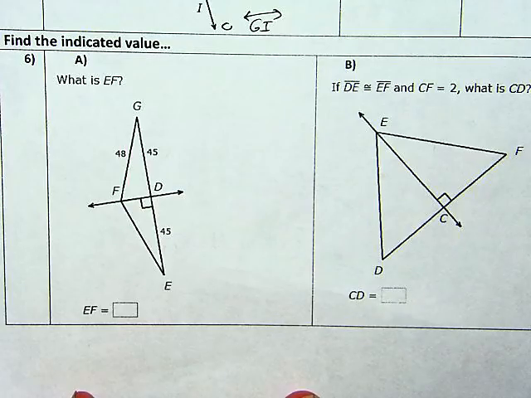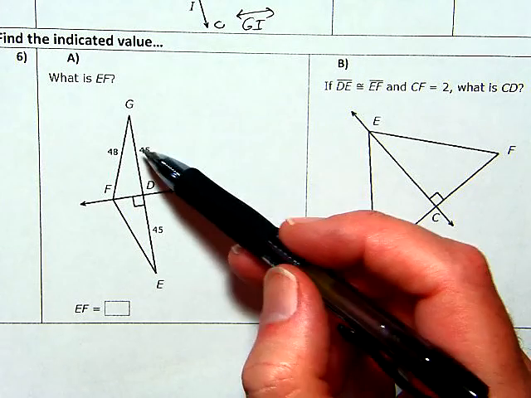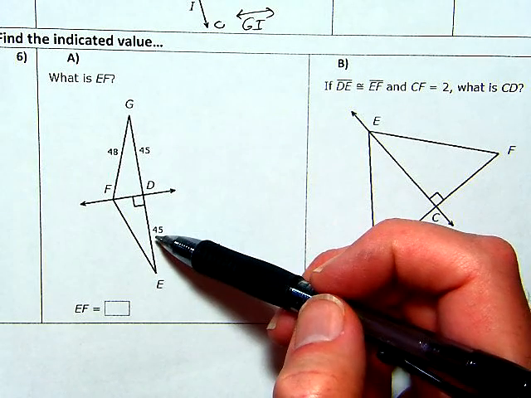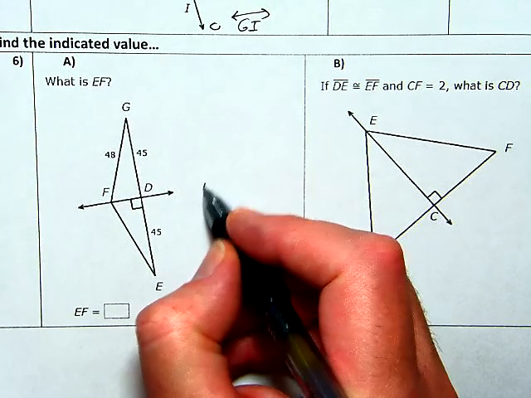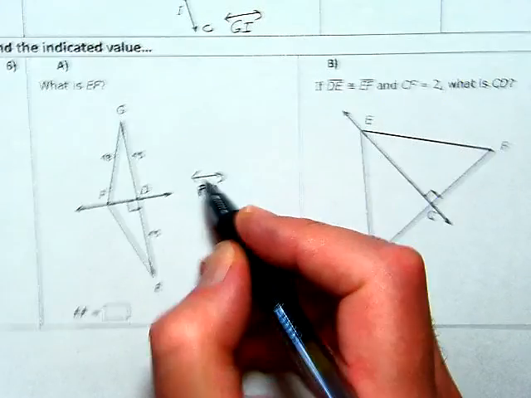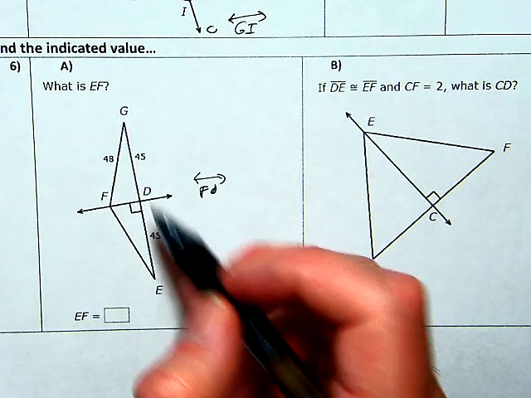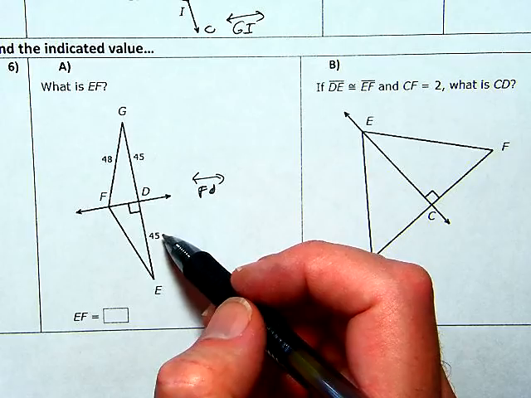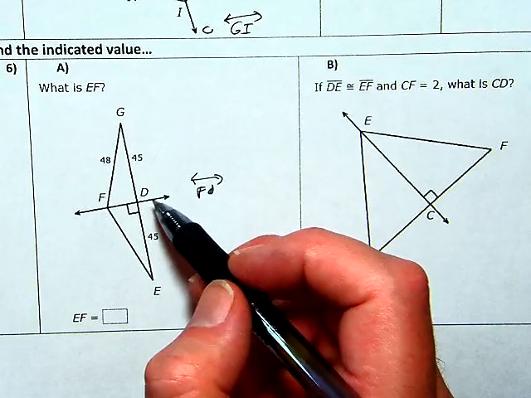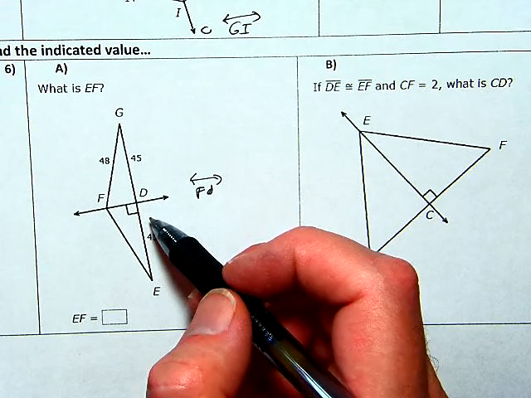So 6A asks us to solve for EF. Well, can we use the perpendicular bisector theorem here? Yes, we can, because clearly line FD is bisecting segment GE, because each of the resulting smaller segments are 45 in length, and it's also perpendicular, so it is a perpendicular bisector.